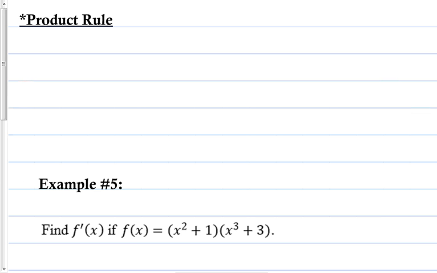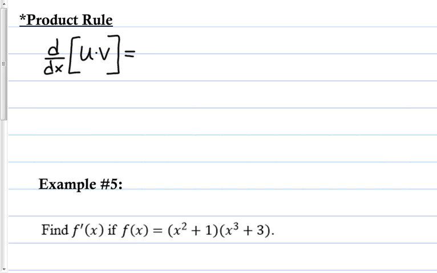Okay, product rule. So this rule for deriving is a shortcut for when you have two things being multiplied. Now this is what it looks like. If I derive a function that is one function, we're going to call it u, being multiplied by another function, we're going to call it v, then the derivative is as follows.